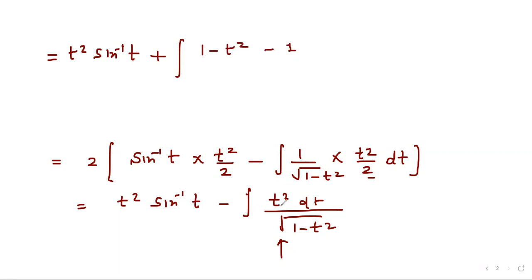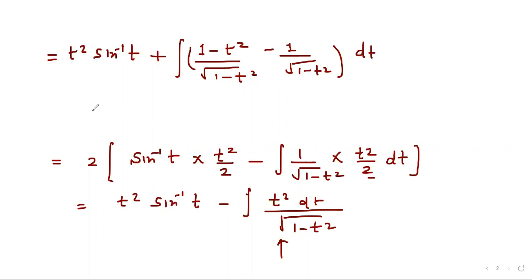Here this minus sign has made this t square negative. So minus t square, and 1 I have added and 1 I have subtracted, divided by root of 1 minus t square, whole dt.